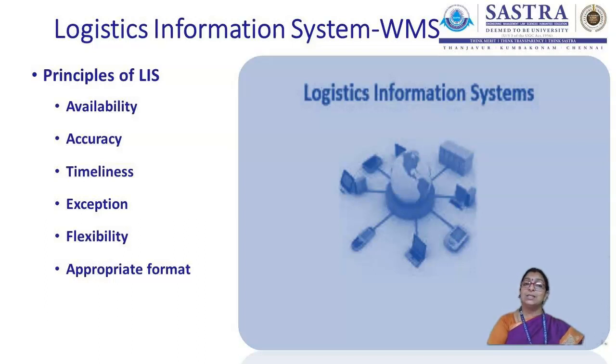The next one, exception. The LIS, that is our logistics information system, must be exception based to highlight the problems and the opportunities. They contend with a large number of customers, products, suppliers and service companies.